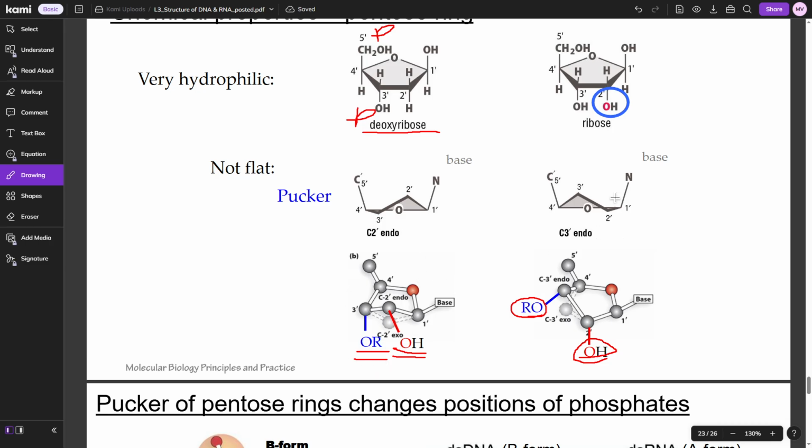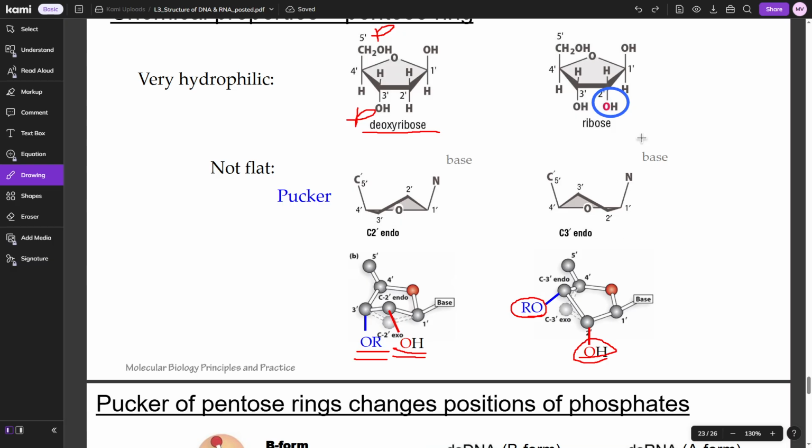This is assuming that it's a normal ribose. These two things are going to repel each other. They're not going to be very happy with each other. And so because of that, the molecule would lose stability if RNA or riboses adopted this C2 prime endo conformation.